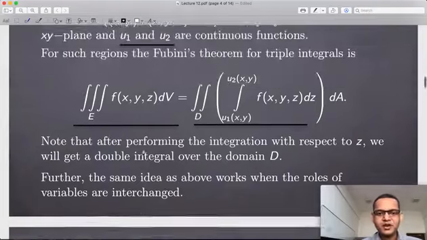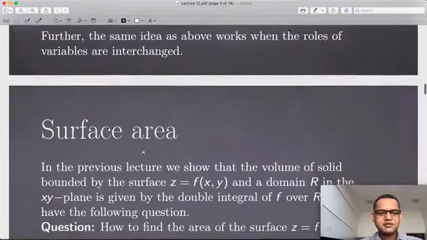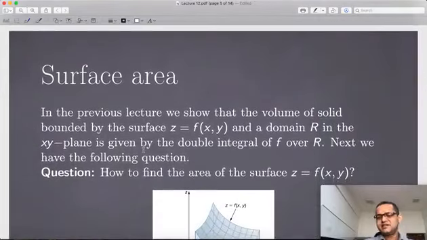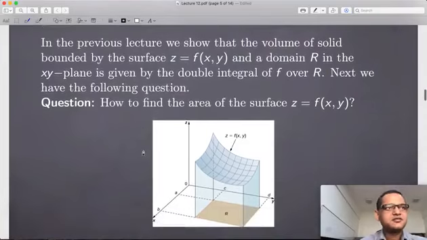We will look into some examples, but before going to the examples, let me talk about the idea of surface area. This is again a topic where the double integral will come in. So what is the meaning of surface area?